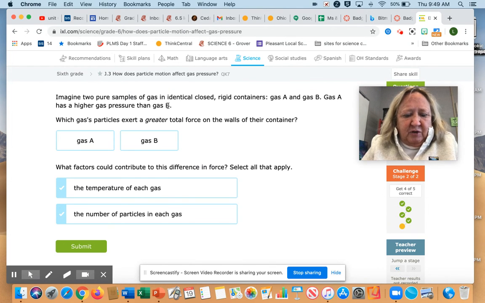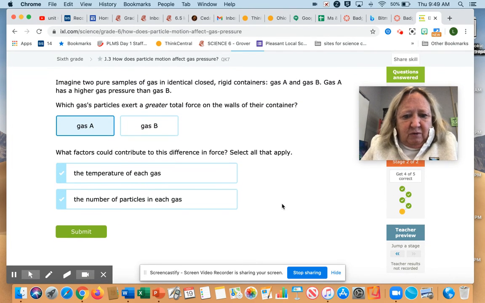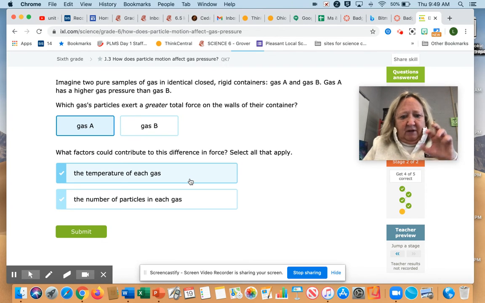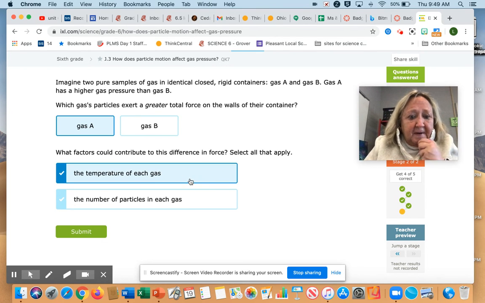A has higher pressure than B, so we're going to go with A. What factors can contribute to the difference in force when they want us to select? Okay. The temperature. Yes, remember, the higher the temperature, the more force. And then they just told us a couple questions ago, the more particles, the greater the force. So we're going to select both of those and hope that we're correct.